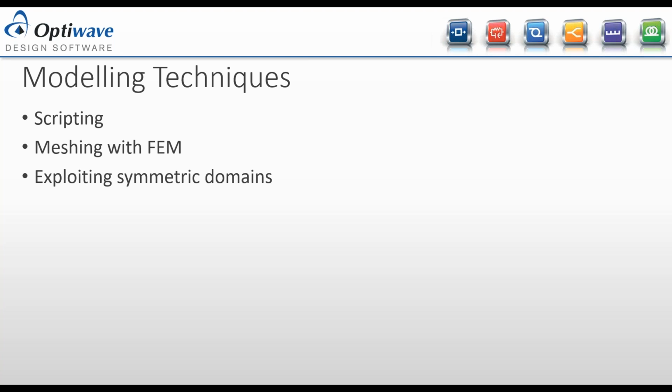I also showed some techniques to exploit the symmetry of the simulation, using boundary conditions and the geometry of the structure to get higher accuracy, because you can use fewer degrees of freedom.